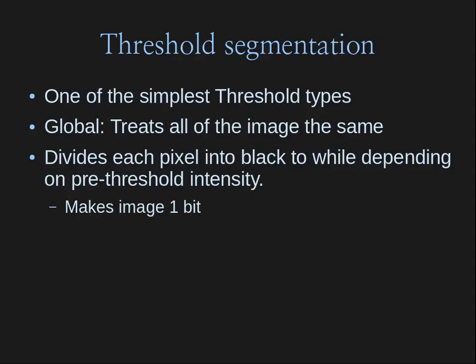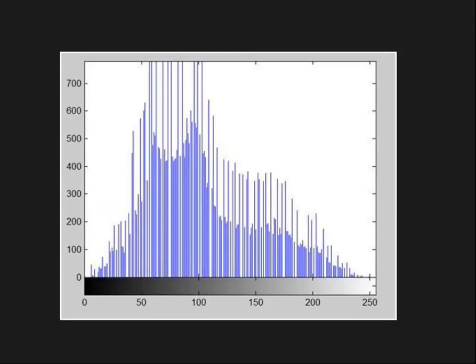What thresholding does is take your pixels and find a cutoff point in those and assign all of them above a certain intensity to white and all of them below a certain intensity to black. So if we come back here and look at this histogram of intensity of pixels, it essentially says, okay, let's make the level right here at 100.